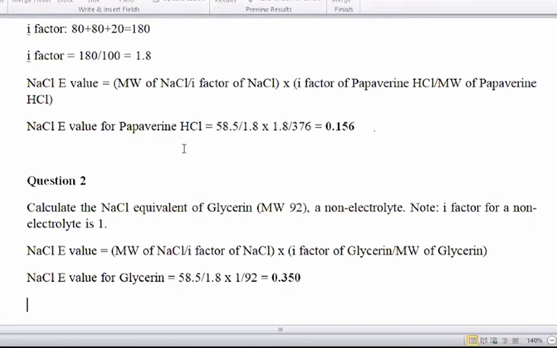Okay. That is correct. But a 3, right? Are we okay? 0.353.